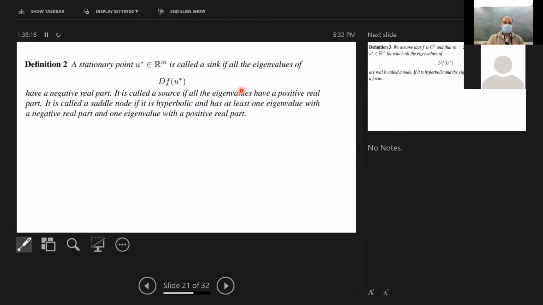And it's called a saddle node if it's hyperbolic and has at least one eigenvalue which is negative and one positive. So sink, source, and saddle node. In French, it's puits, source, et point selle.